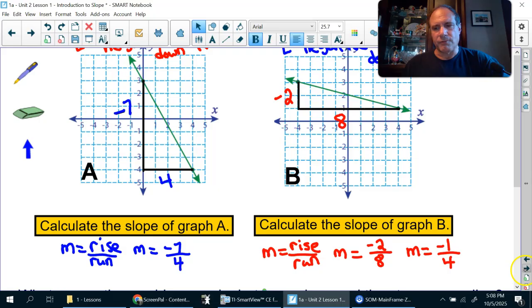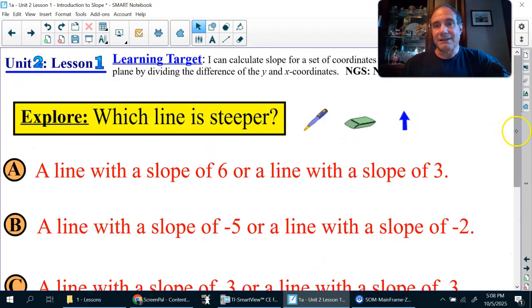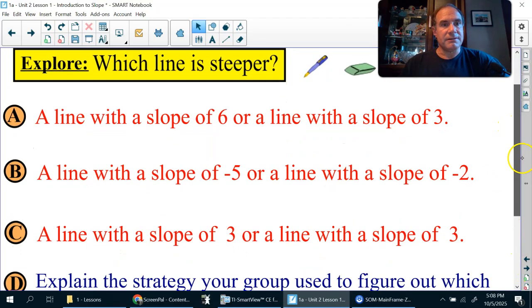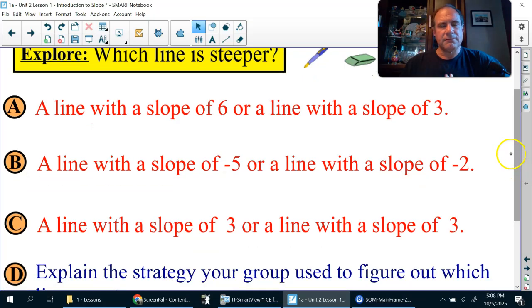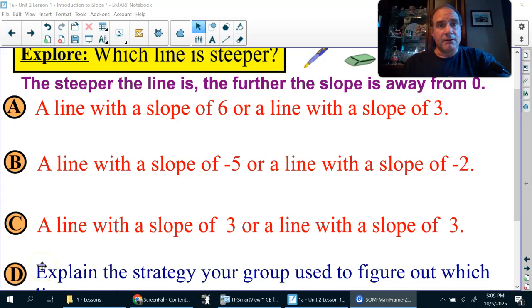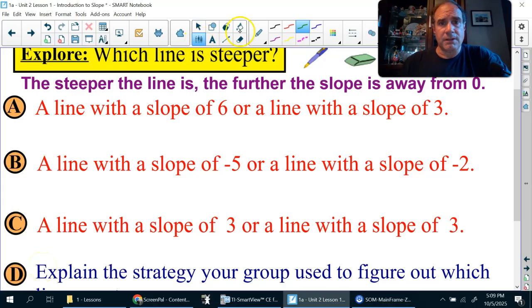And we're going to move on. So easy right here. The steeper the line, the further away from 0. And I put it up there so you understand, okay, that's not that difficult. So the line with a slope of 6, which one is steeper? The slope of 6 is steeper.